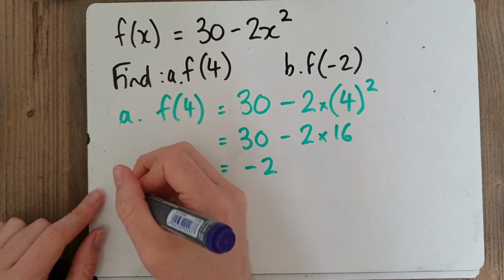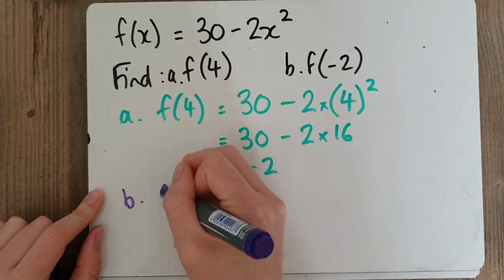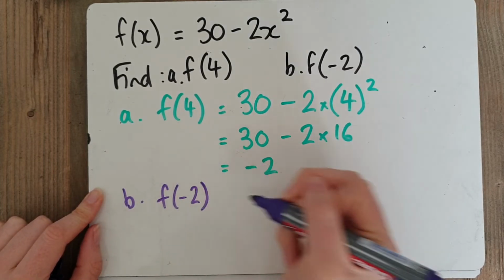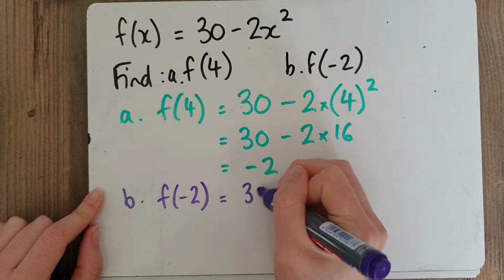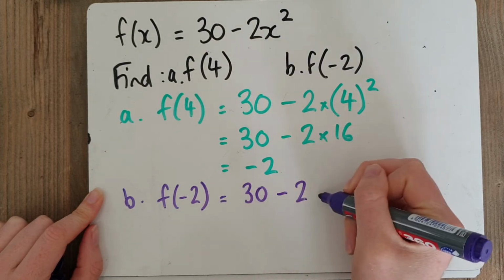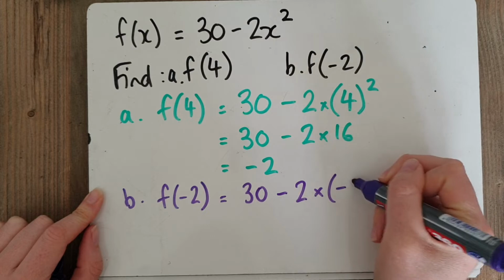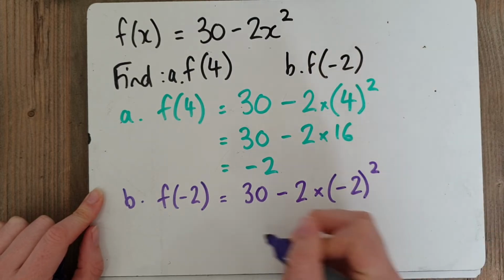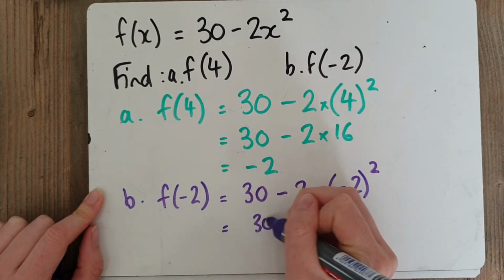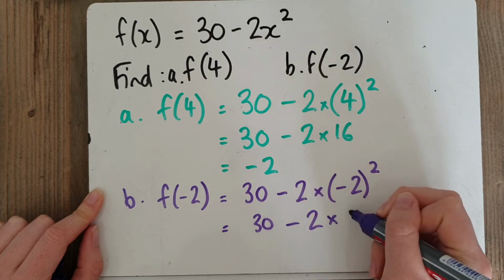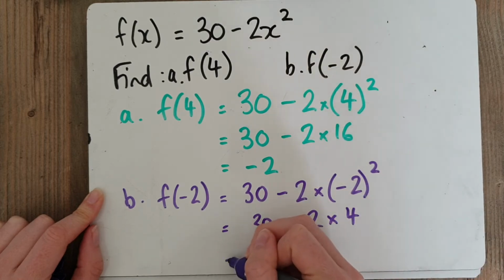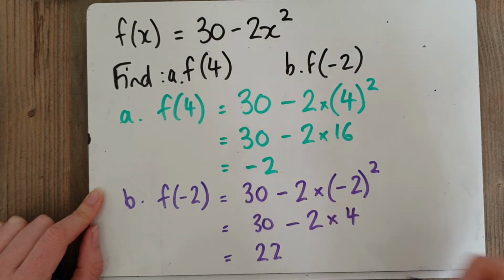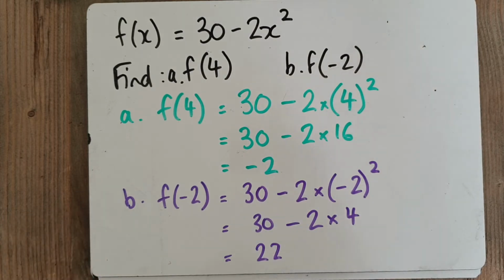For part B, it's exactly the same method. I'm doing f of negative 2, and that would be 30 minus 2 times negative 2 all squared, which would be 30 minus 2 times 4, which would be 22. And that is it.